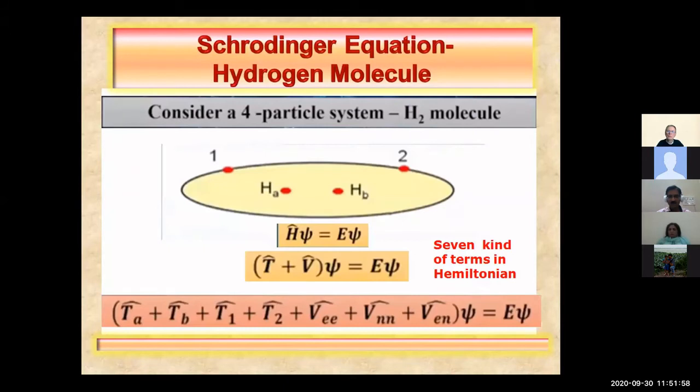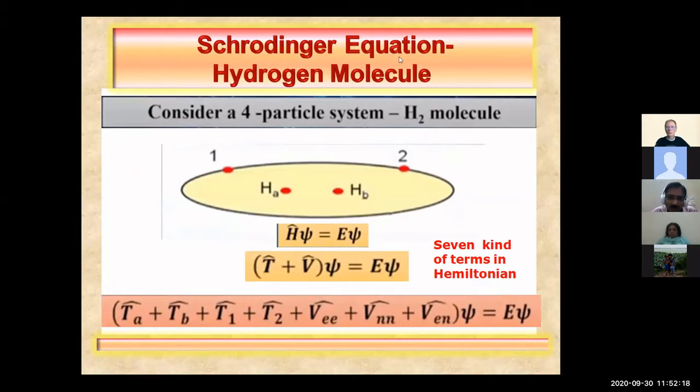Okay. All right. So basically, beyond this helium atom, as we can see, the only exact solution we could achieve was for the hydrogen atom. When we go to the helium atom, because of the electron-electron repulsion term, it is difficult to achieve the solution.